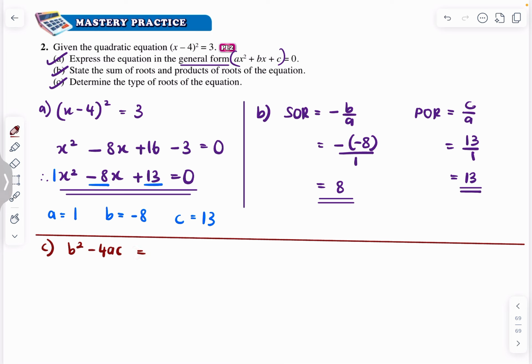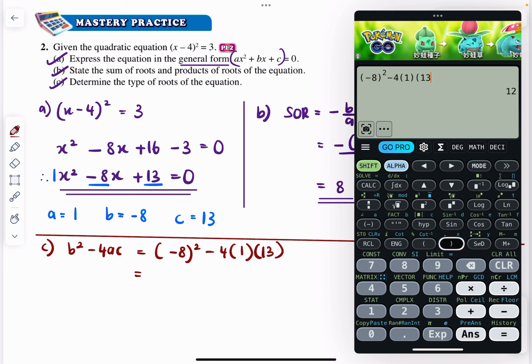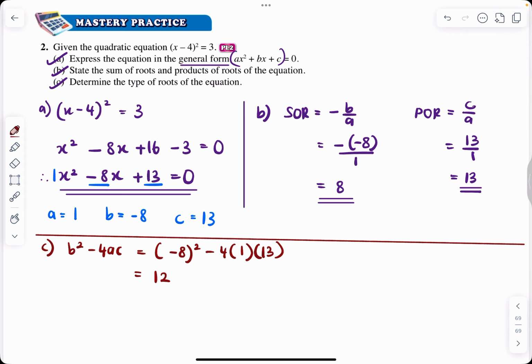So we need to find (−8)² − 4ac. Can put this in the calculator. (−8)² − 4ac. We get 12. So if you're getting 12, that means it is more than 0.